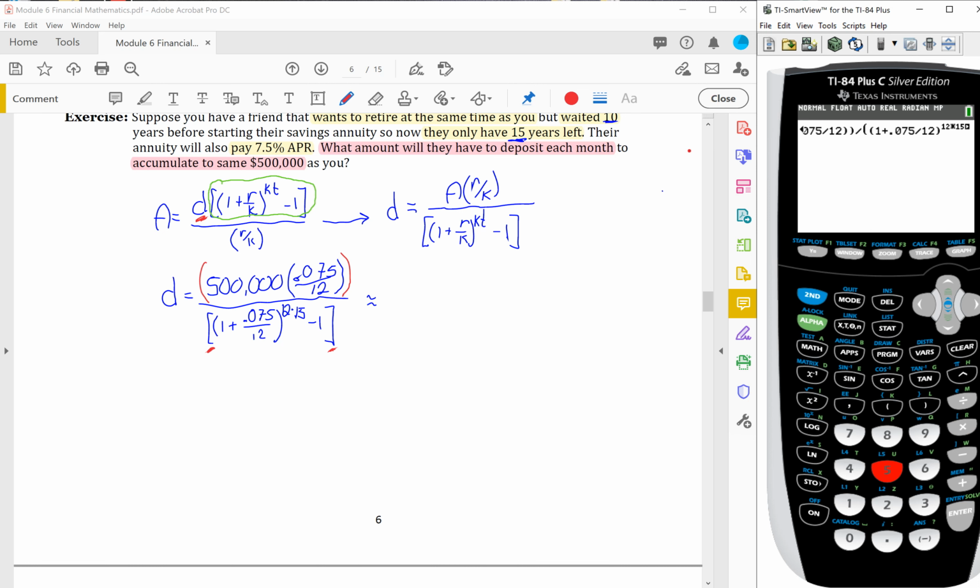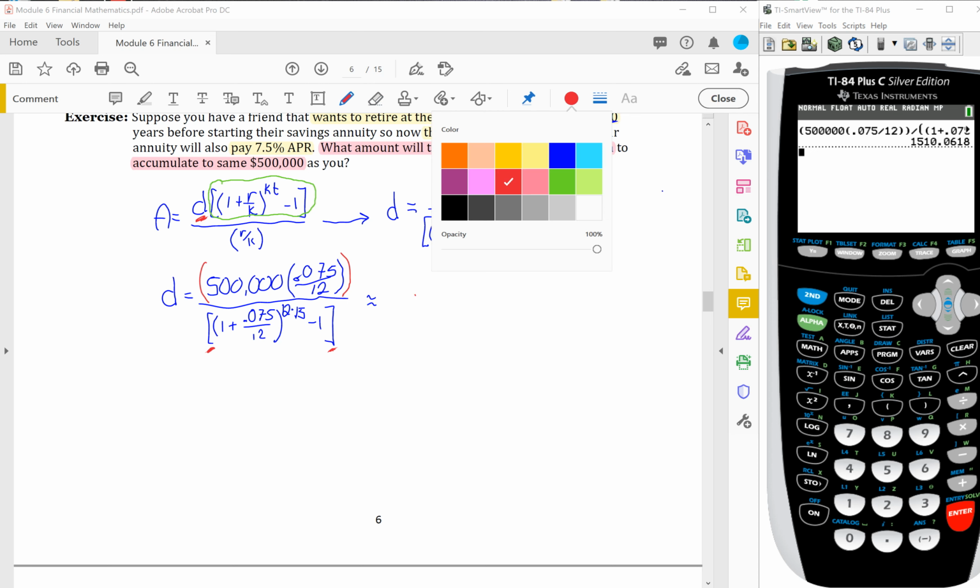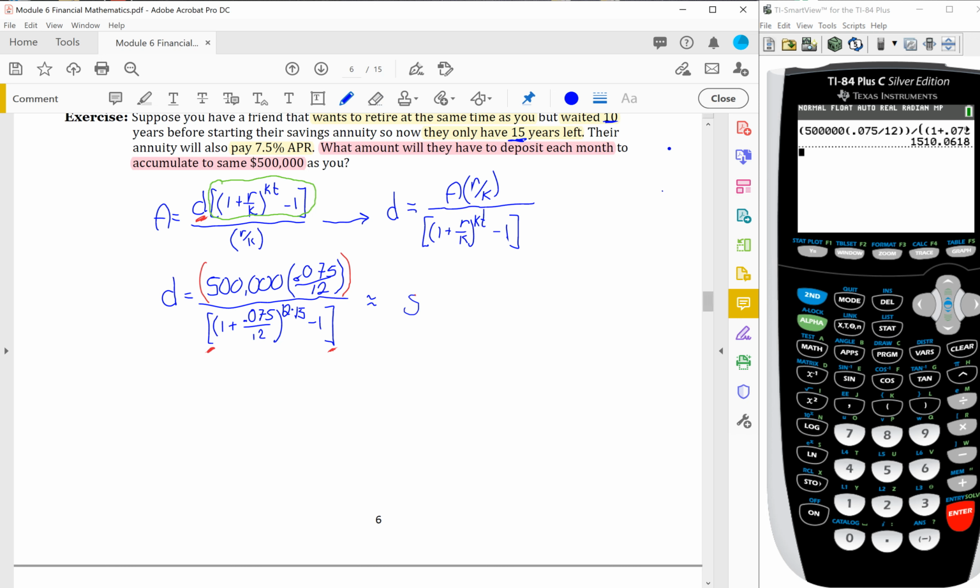Minus 1, but again, notice the minus 1 is not in the exponent, so I'm going to arrow over to get out of the exponent and do the minus 1. And now I need a parenthesis that represents this bracket to close off the denominator. And I get a deposit amount that's $1,510.